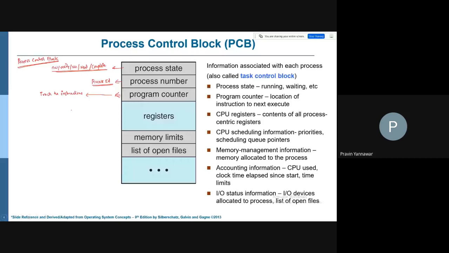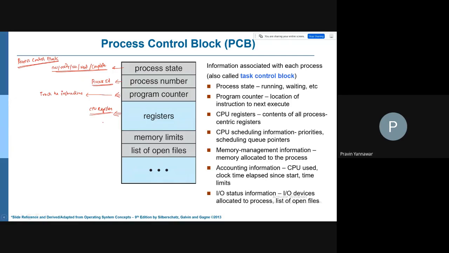Now the registers are nothing but CPU registers, processor-related registers, and this contains the information of all process-centric registers. Whatever registers are required by the process are available here.